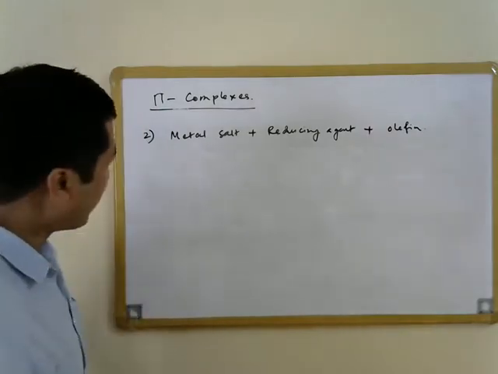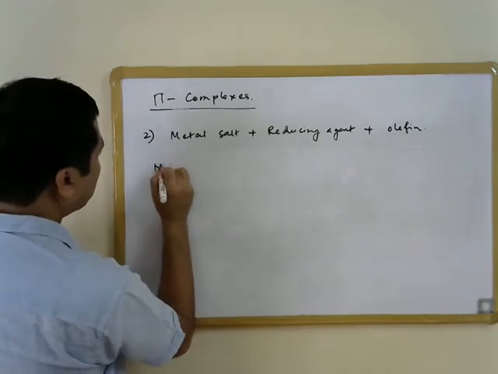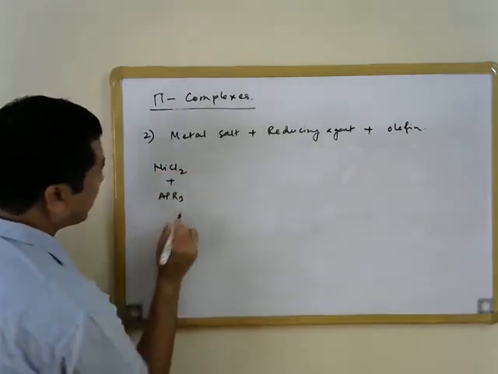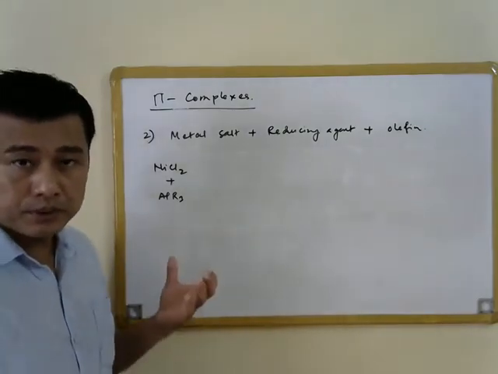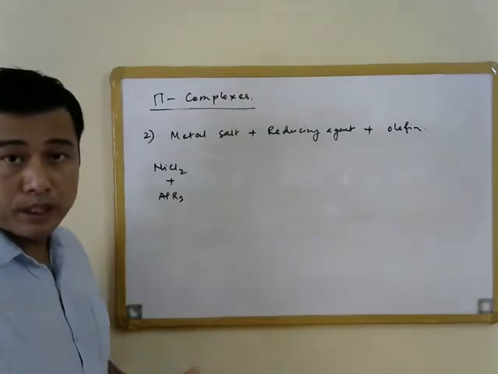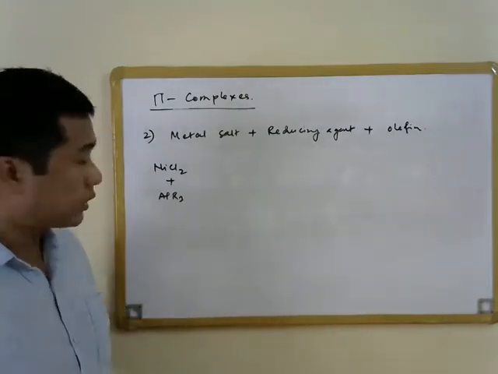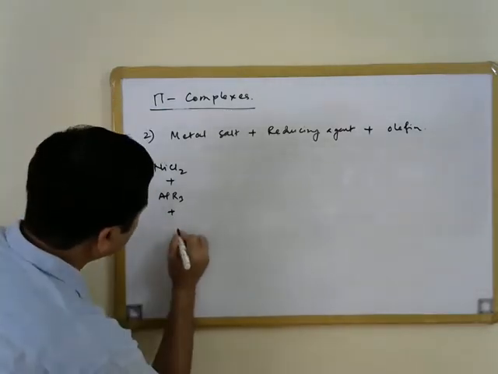One very popular example is nickel chloride with an alkyl aluminum reagent as the reducing agent. We have seen many examples earlier where alkyl aluminiums are used as reducing agents to reduce metal salts to lower oxidation states. Then you do this reaction in the presence of butadiene.